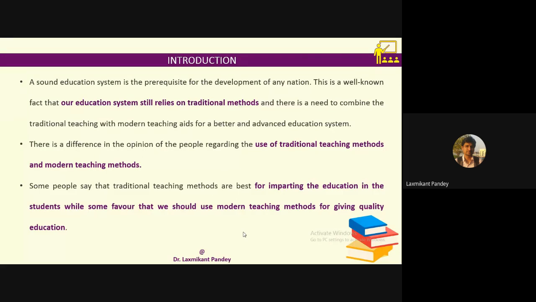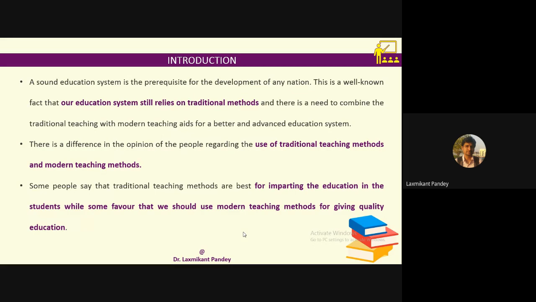Now, a sound education system is the prerequisite for the development of any nation. As you all know, teaching, or you can say education, is very important to make a person what he actually is. Because how can you differentiate between animals and humans?